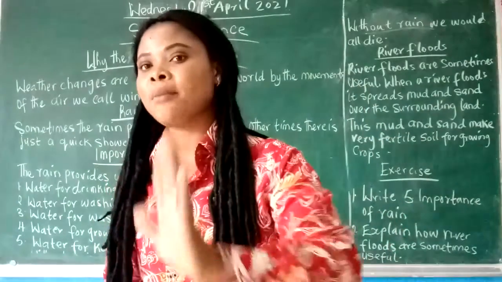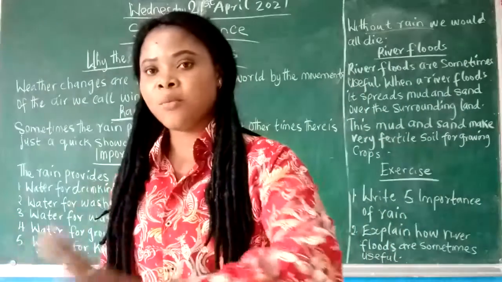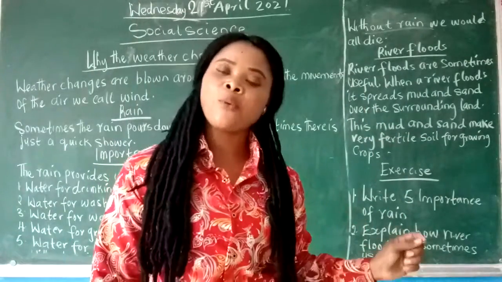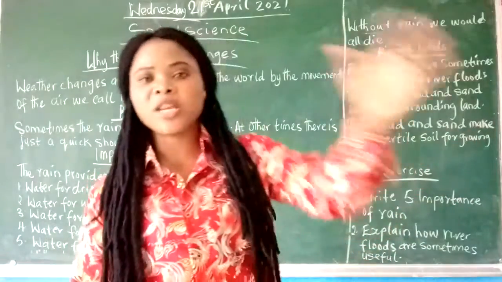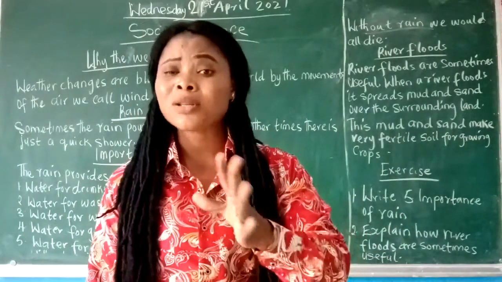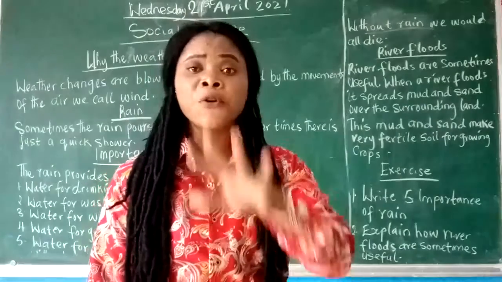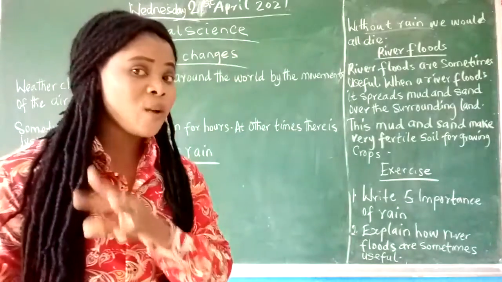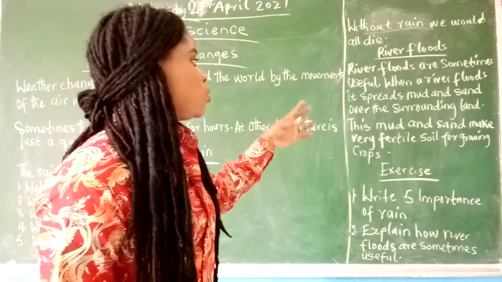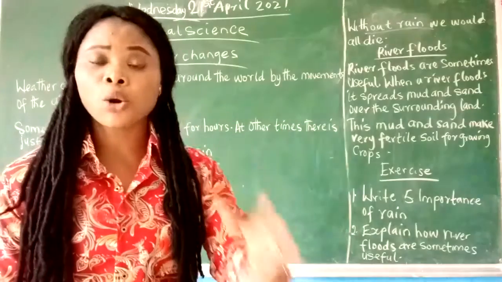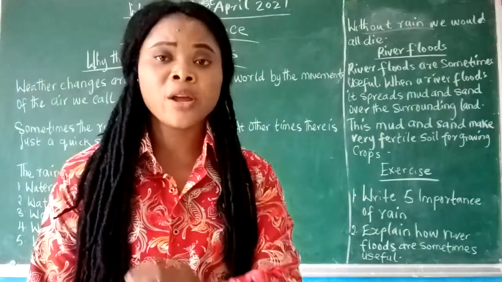You see mud from the river will spread over the normal land. It will carry mud and sand from different sources and spread it over the land. So what happens? It makes that land very fertile, which will make the ground and the crops grow very well.